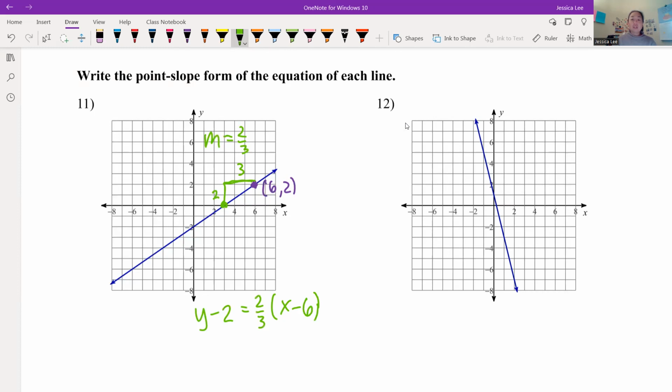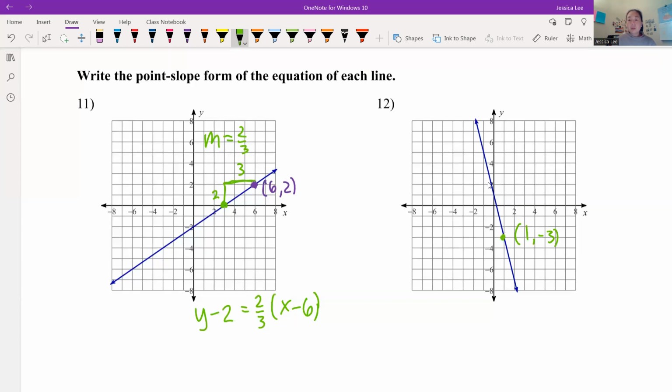All right, we're going to go on to number 12. Let's try this one more time. So again, we got to find a point. So find a point anywhere on here. And I'm going to choose this point right here. I'm not going to be able to color coordinate this because for some reason I can't change colors, but I'm sure you understand. This point is 1 and y is -3.